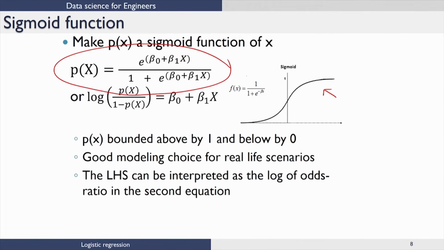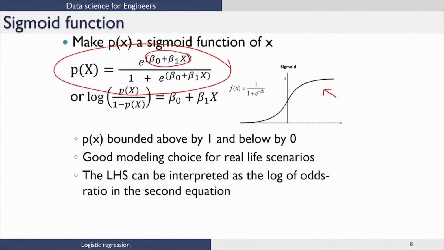I want you to notice two things. Number one is still we are trying to stick this hyperplane equation into the probability expression, because that is a decision surface. Remember, intuitively somehow we are trying to convert that hyperplane into a probability interpretation. That is the reason why we are still sticking to this beta naught plus beta 1 x. Now, let us look at this equation and then see what happens.